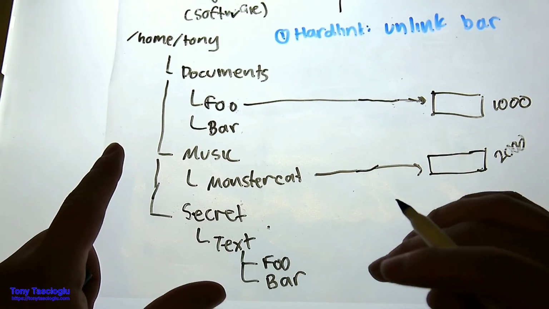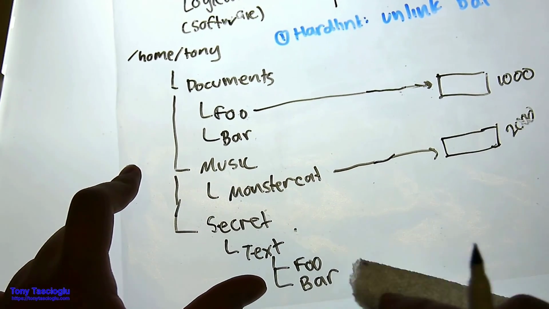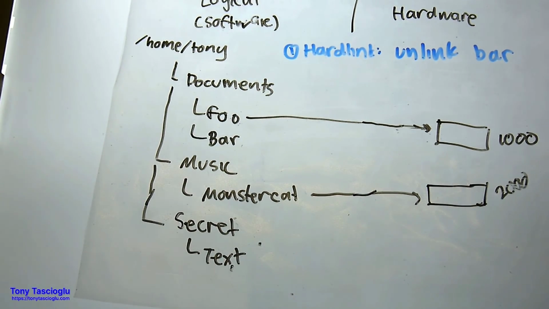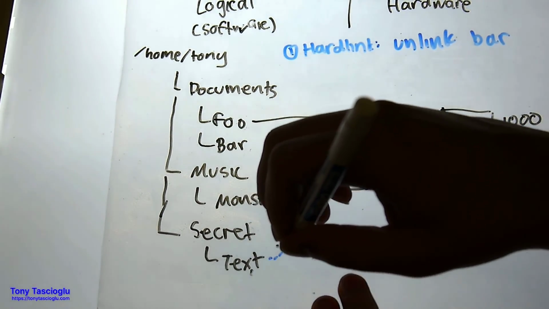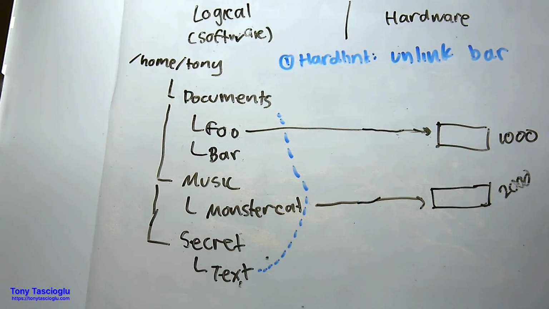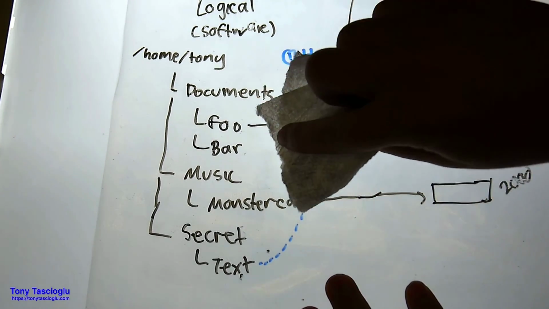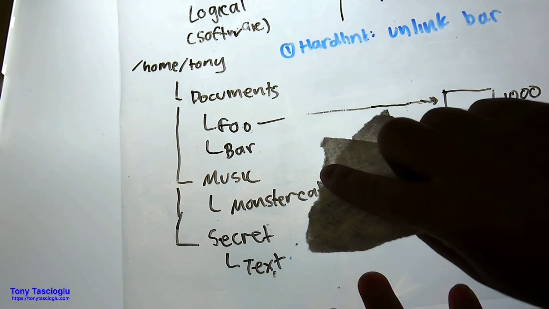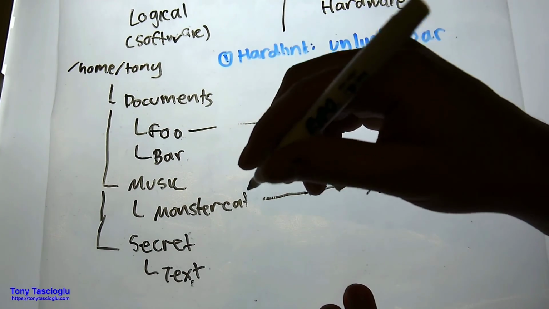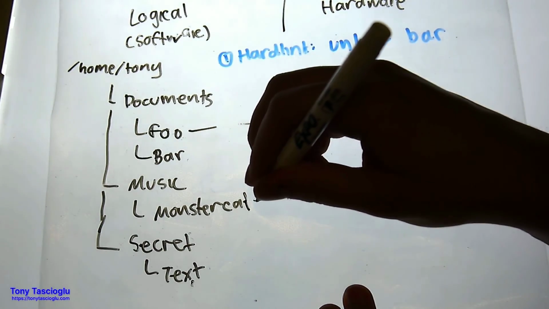So say you wanted to make this text folder secretly just go to the documents, so that everything in here automatically gets hard linked. Now, as you might imagine, you actually cannot do this. You cannot hard link folders.